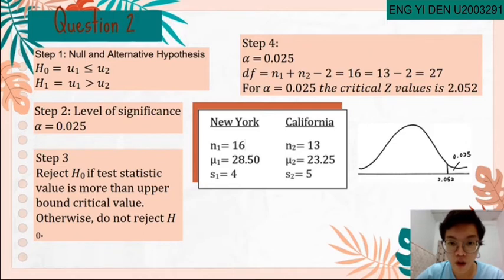Step 4, the degrees of freedom is n1 plus n2 minus 2, which is 16 plus 13 minus 2 equal to 27. Since the level of significance is 0.025, the critical value will be 2.052.